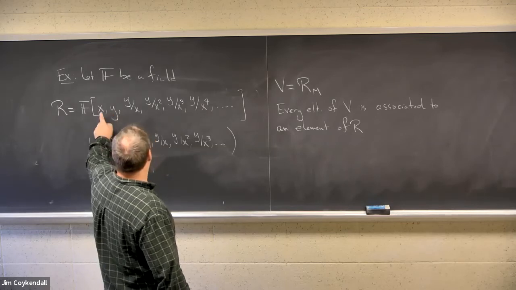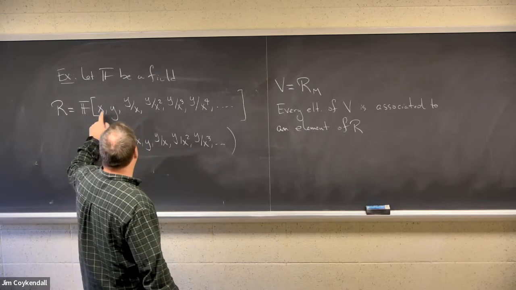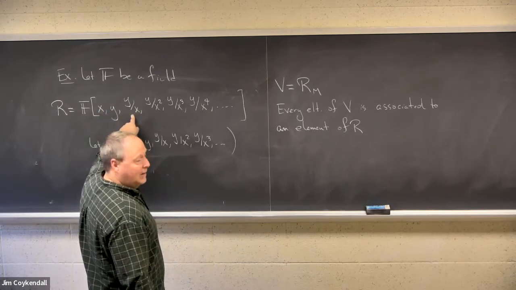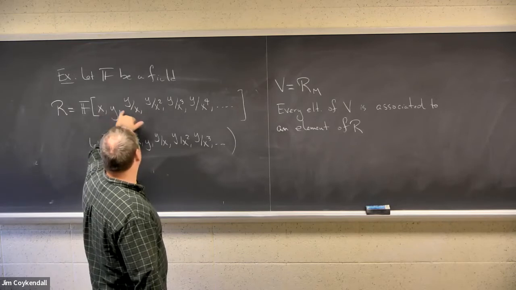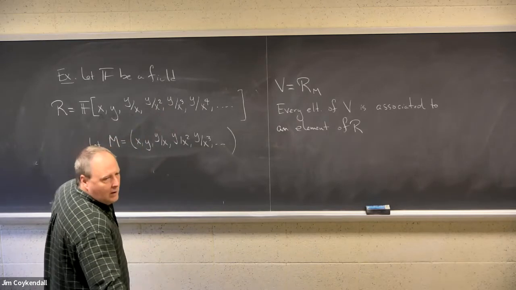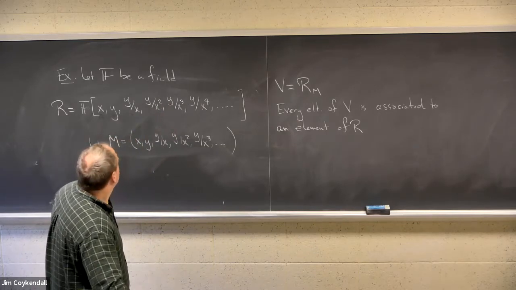Notice that given this pair of elements, x and y, x divides y. Given this pair of elements, x divides y over x. In fact, x divides y an arbitrarily large number of times. Everybody okay with that?